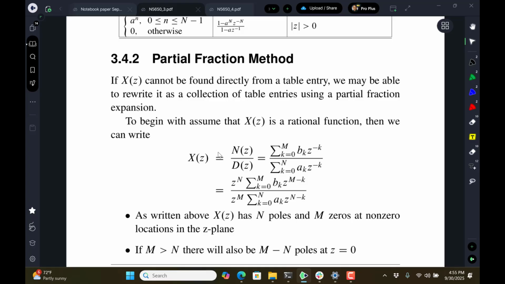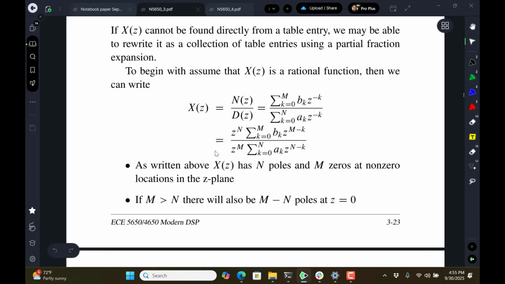If we write that in positive powers of z, how we proceed depends upon what the numerator order is relative to the denominator.